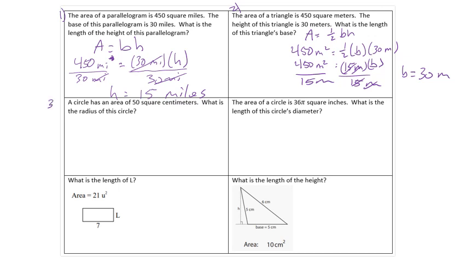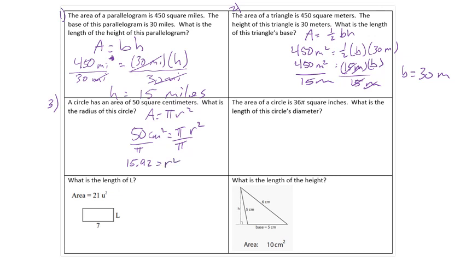All right, let's look at number 3. The circle has an area of 50, so area is equal to pi r squared. So 50 square centimeters is equal to pi times r squared. So I'm going to divide both sides by pi. And I'm going to start getting some decimal numbers because I'm going to take 50 divided by 3.14. And when I do that, I get 15.92, if I round it to the nearest hundredth.